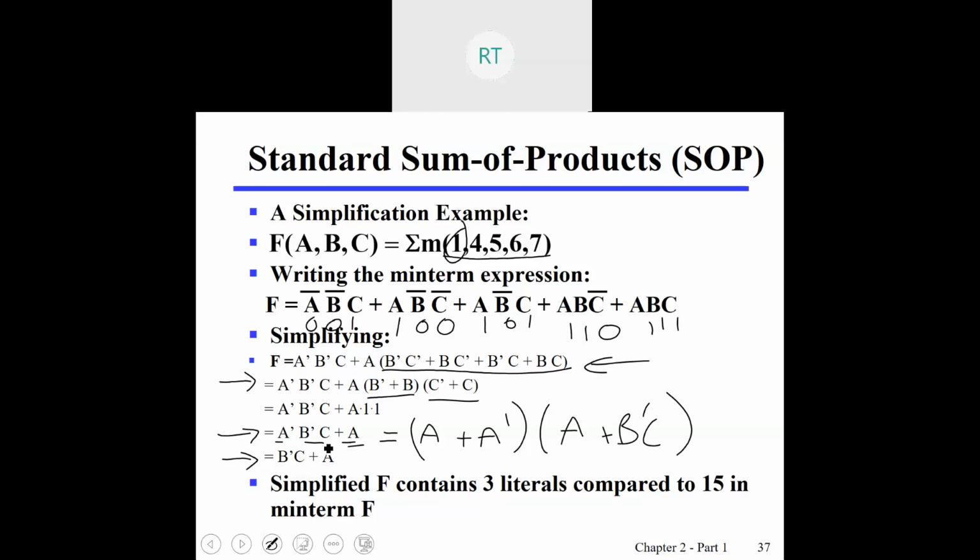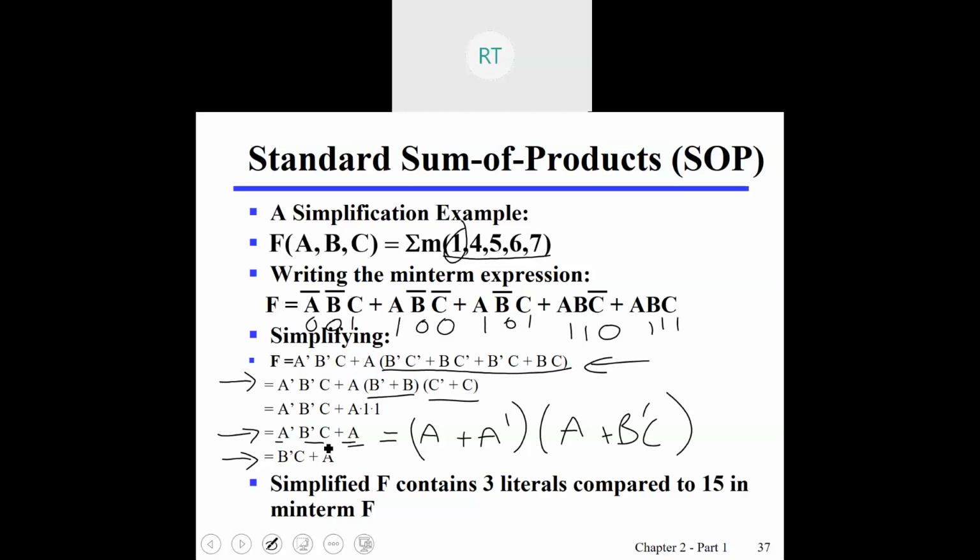Doctor, I didn't understand it. Can you please explain? This is the distributive law. So you take A plus A prime and A plus B bar C. So you consider B bar C as if it is one value. So you take first plus second into first plus third, as if you have A plus XY, let's say.